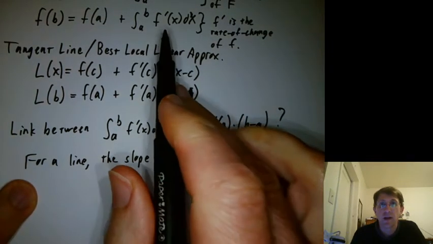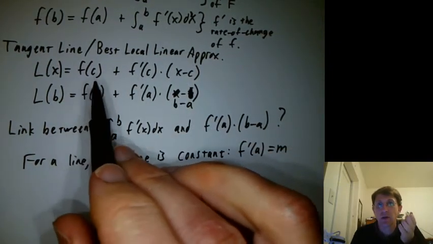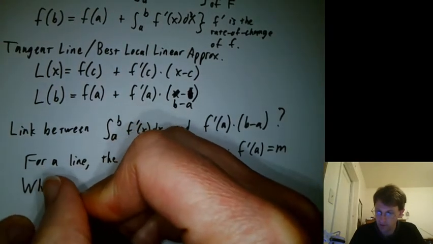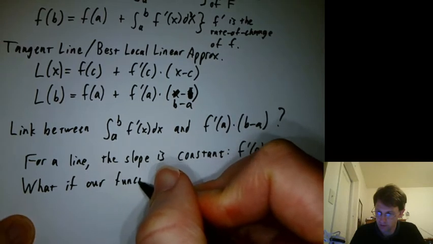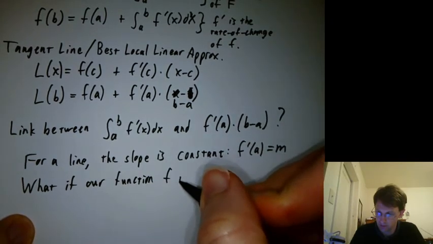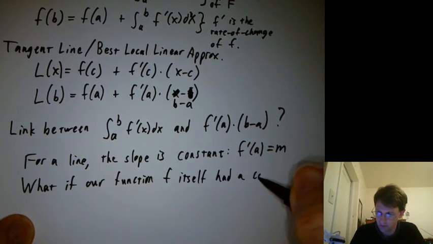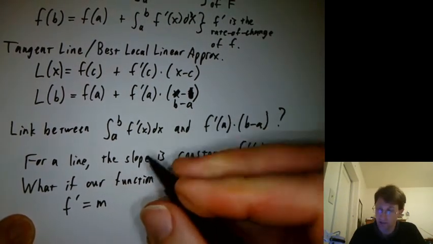What if f prime itself, so our tangent line has a constant slope, what if our function itself had a constant slope? That f prime was just equal to m everywhere.